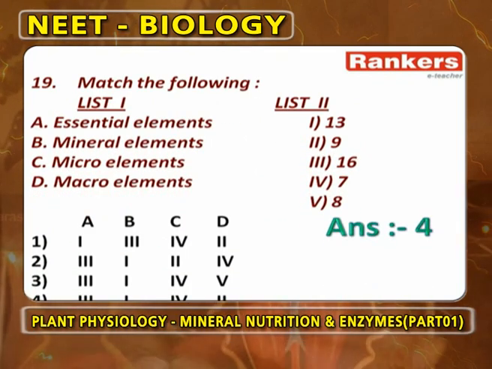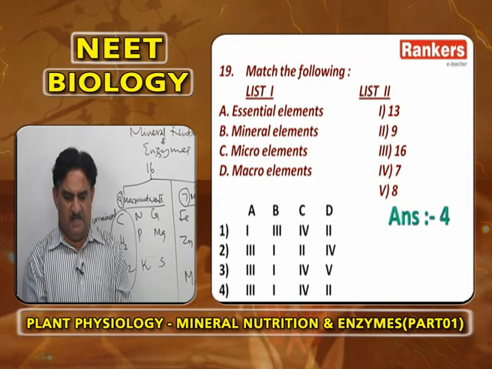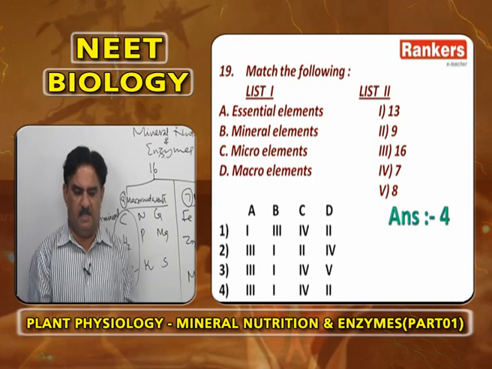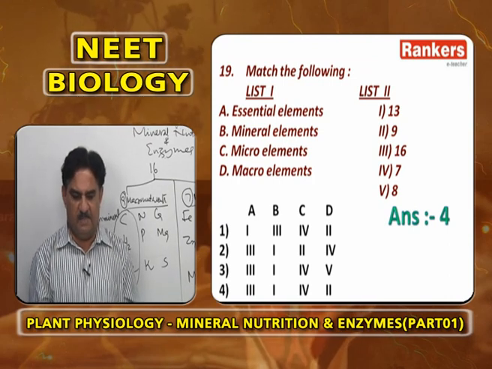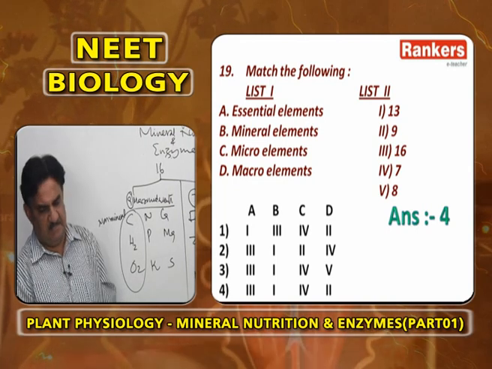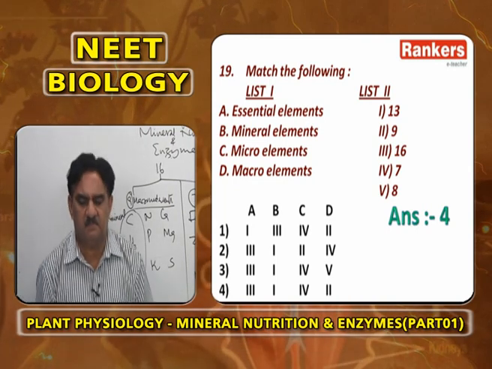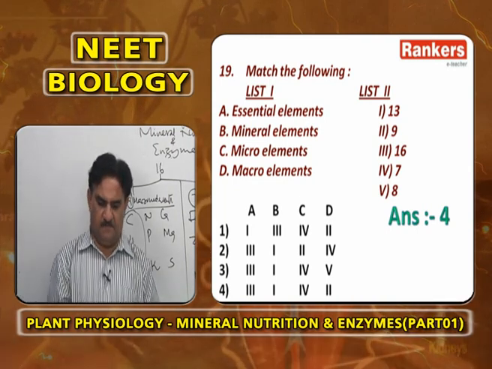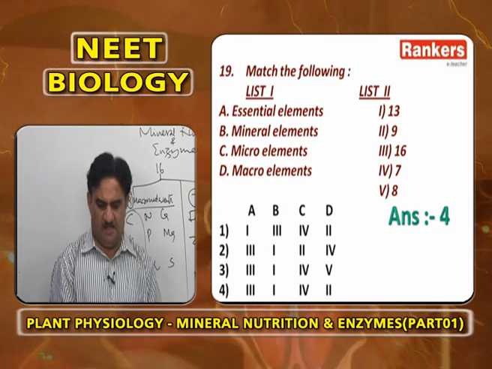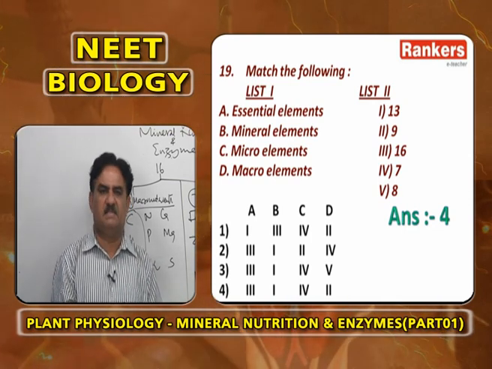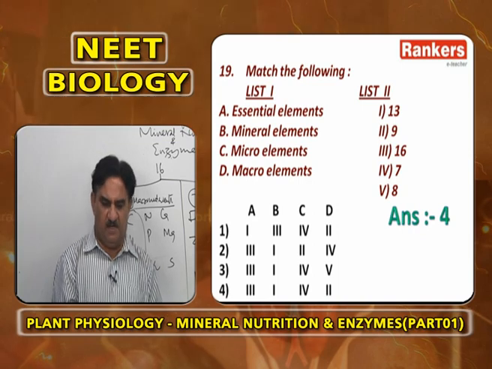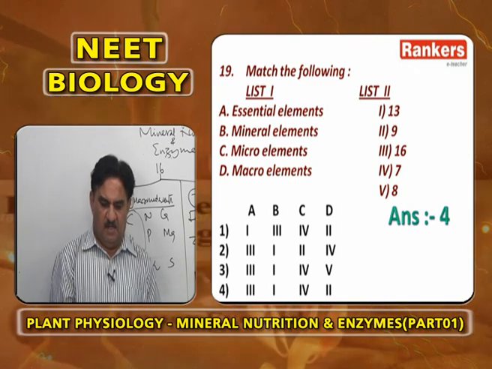Match the following again. List 1, list 2. Essential elements, mineral elements, micro elements, macro elements. Essential elements are 16, that is A3. B1, mineral elements 13, because the remaining 3 are non-mineral elements, so 13.